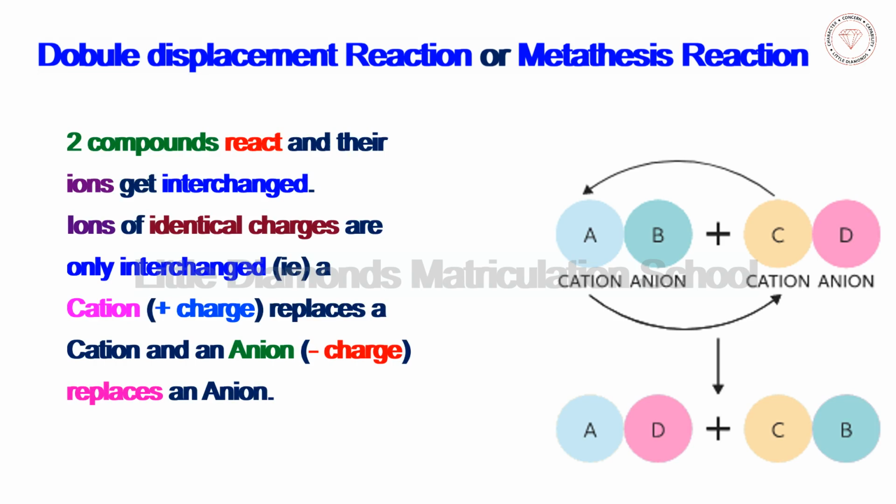Ions of identical charges are only interchanged. That is, a cation, a positively charged ion of one compound, replaces the cation of another compound.